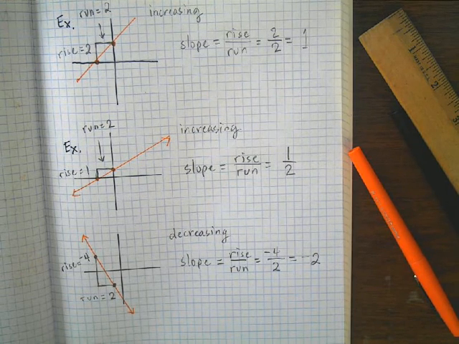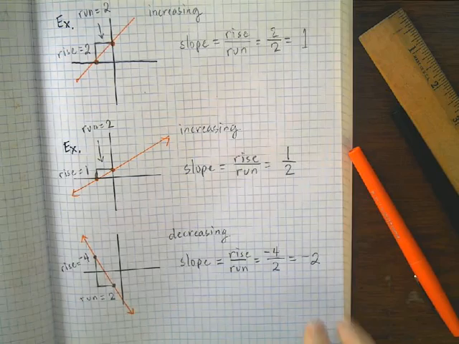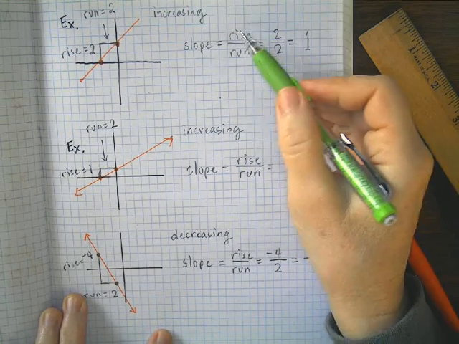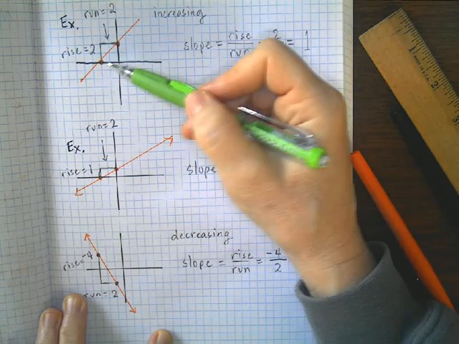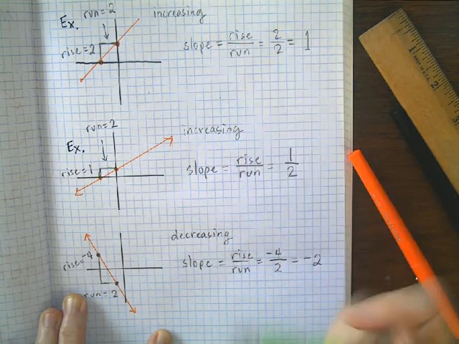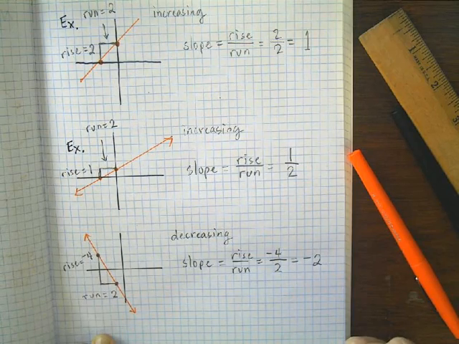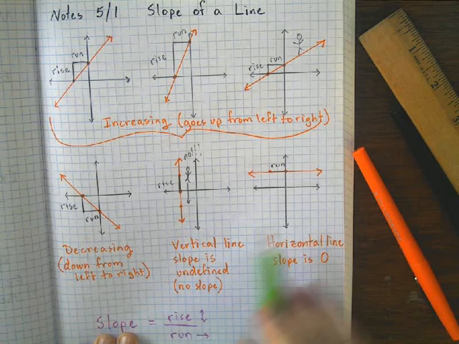So this is what you're going to be doing in Math Space today. You're going to be identifying the slope, which is rise divided by run. You're going to be asked to find the rise, to say what the run is, and then what the slope is. Okay, and you're also going to need these pictures over here.